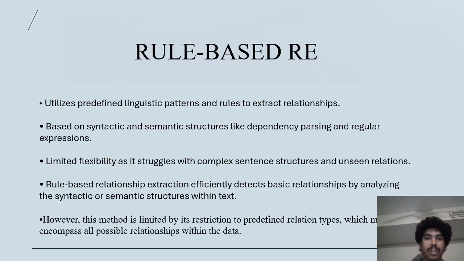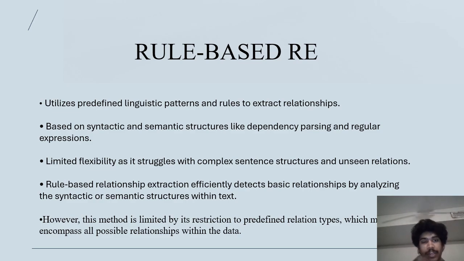Moving on to the next slide, which is rule-based RE. Rule-based relation extraction uses predefined linguistic patterns and rules to identify relationships between entities in text. It relies on syntactic and semantic structures such as dependency parsing and regular expressions to detect these relationships.